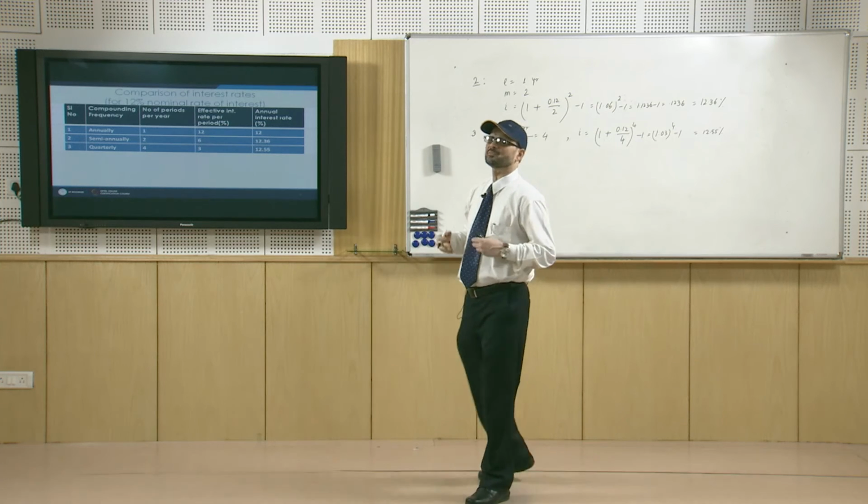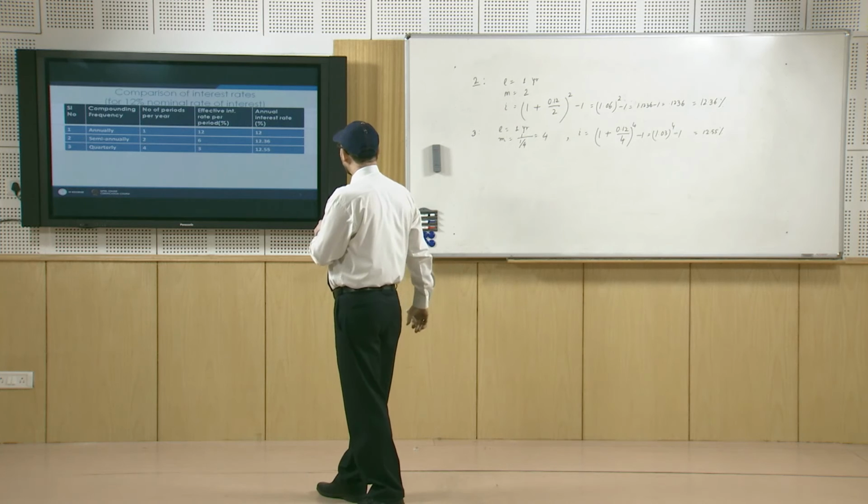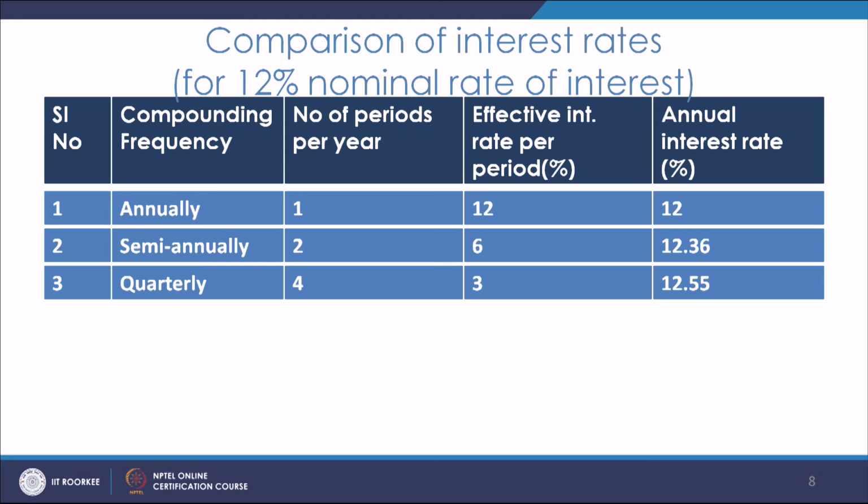So, the effective interest rate for the year changes from 12 to 12.36 when it is done semi-annually and to 12.55% when it is done quarterly.